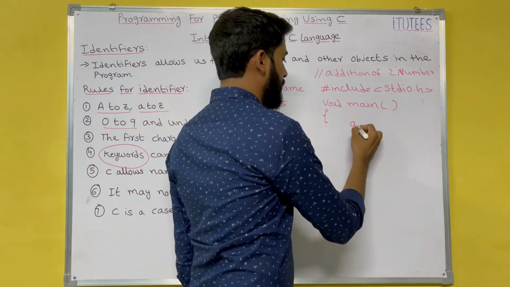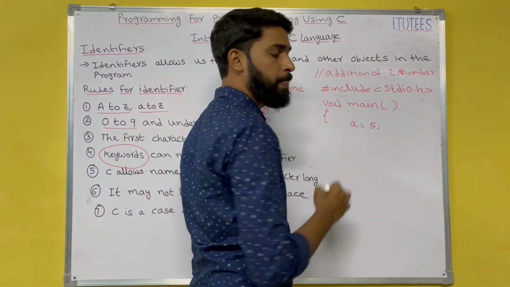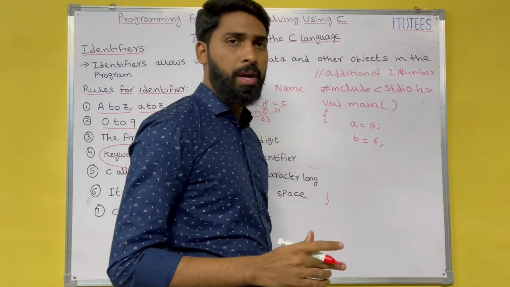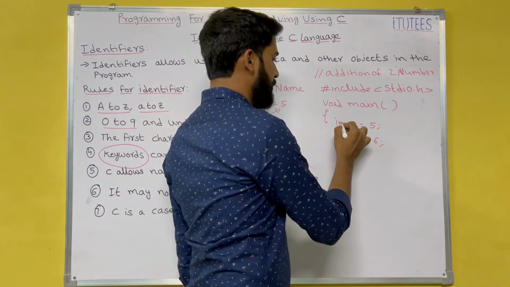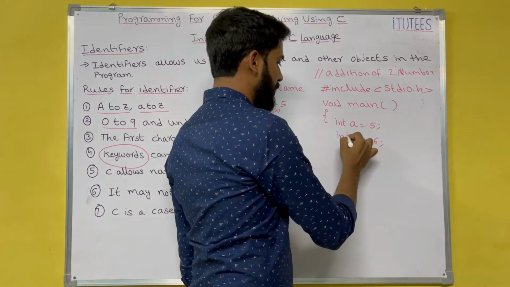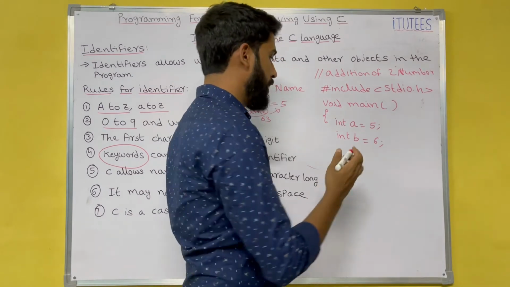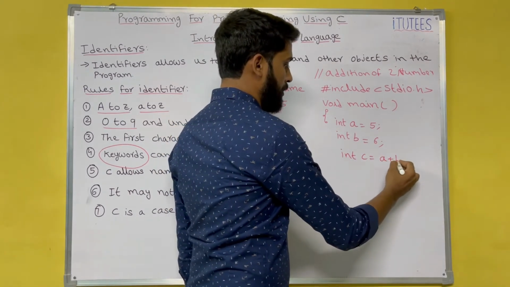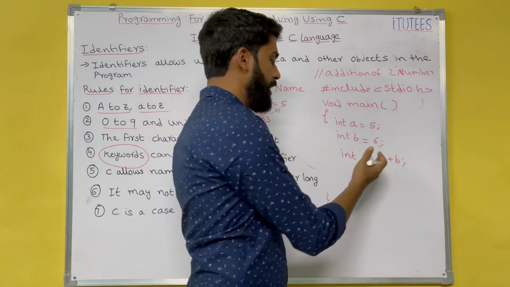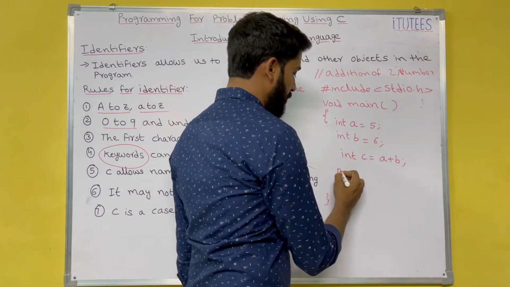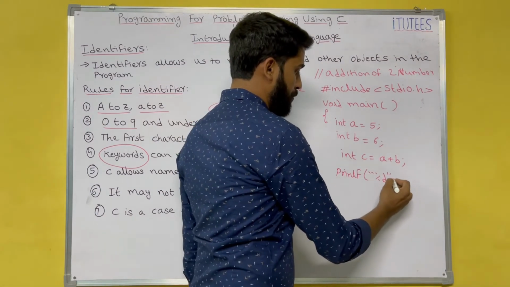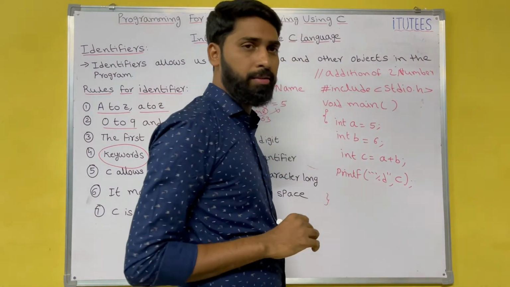Here one number is 5 and another number is 6. Ignore the data types; we will discuss them in the next class. These are integers. Now I am going to perform the addition, a plus b, and I am going to use printf to print the c value.